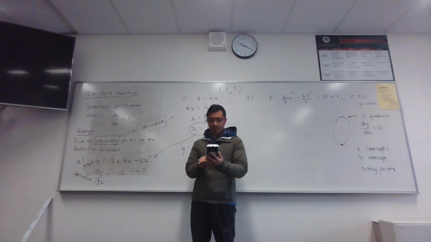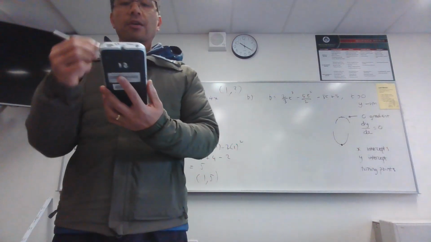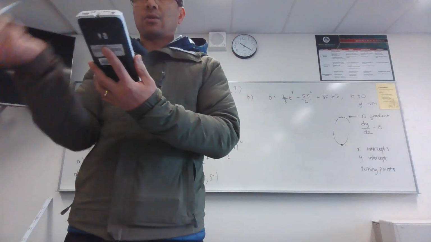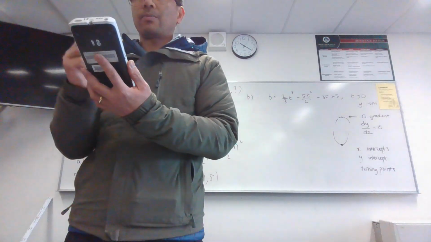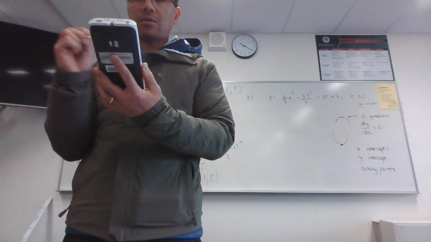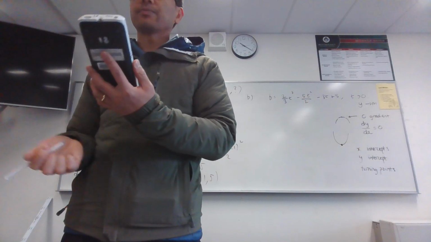Once you've done that, I want you to show me how you found the turning point. Okay, if you've graphed it, if you've ticked your box and it's not there, what's a good idea to do? Go to zoom at the top, go to quick and standard. That usually brings up the equation.